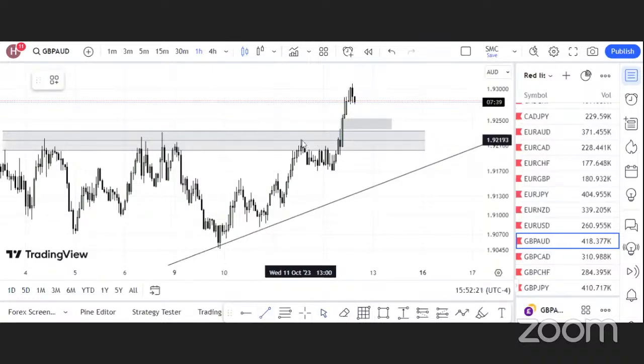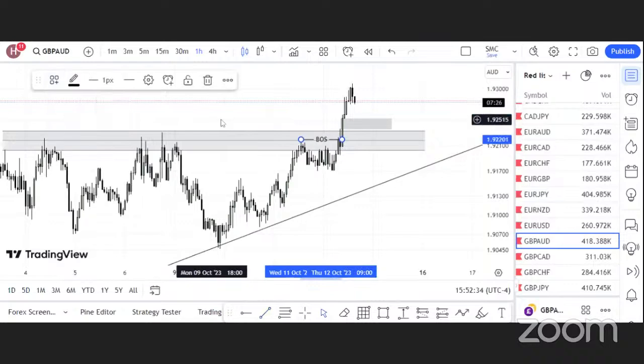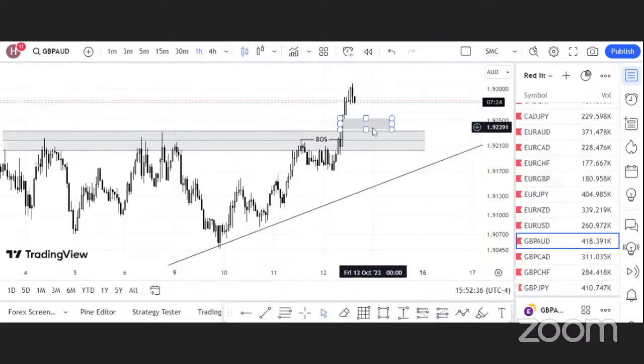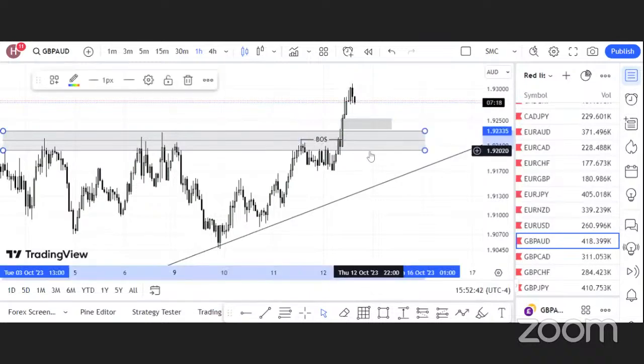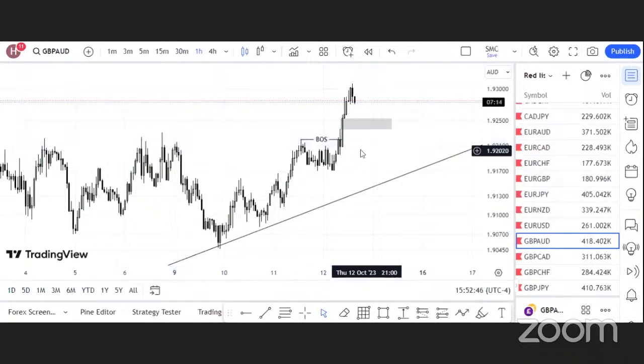Because we have this break of structure. So let me remove this. We already know we have a resistance that got broken there.